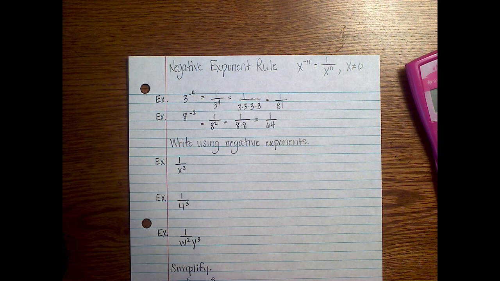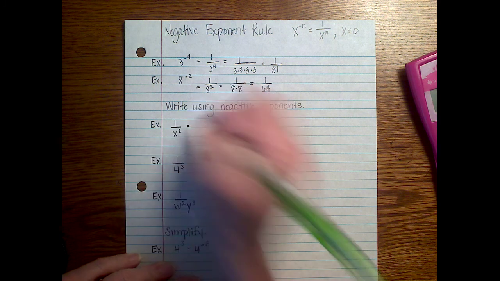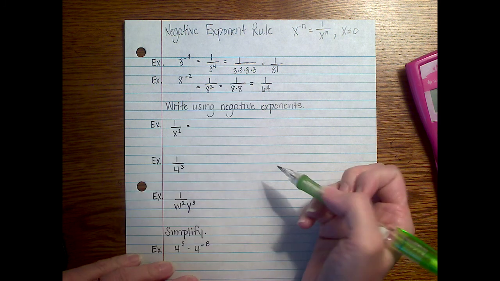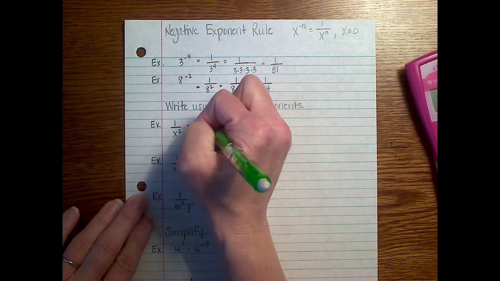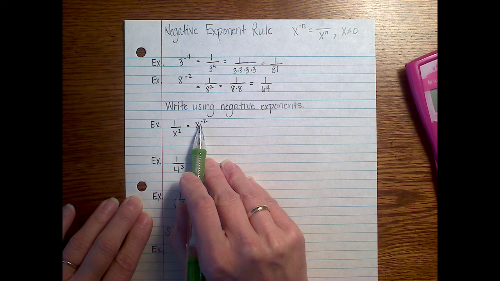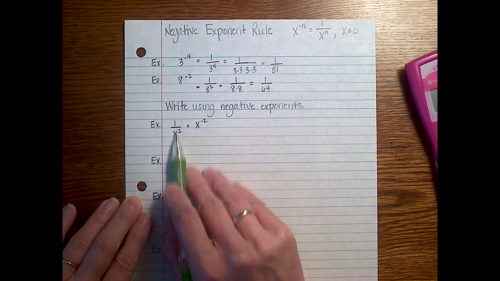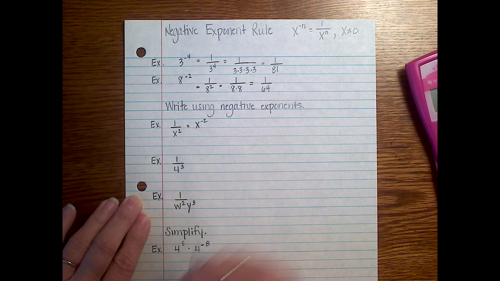We can go backwards. We can start with positive exponents in the denominator and reverse them to negative exponents. So what happens is, if I see something like this, 1 over x squared, all I'm going to do is take whatever is in the denominator and change the sign on the exponent. Okay, so 1 over x squared is equal to x to the negative 2 power.